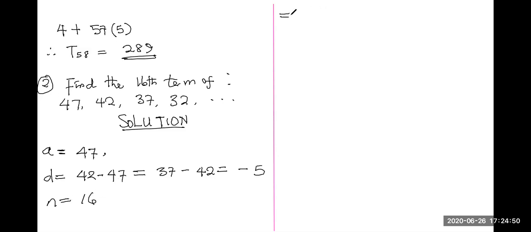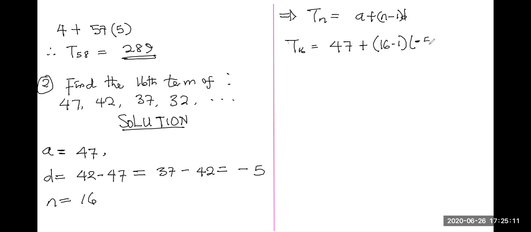That implies that from the formula Tn equals a plus (n minus 1) multiplied by d, our T16 is equal to 47, which is our a, plus (16 minus 1) multiplied by minus 5. 16 minus 1 is 15, times minus 5 gives minus 75.